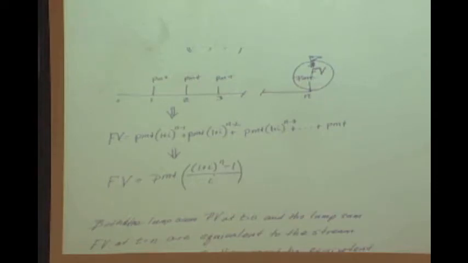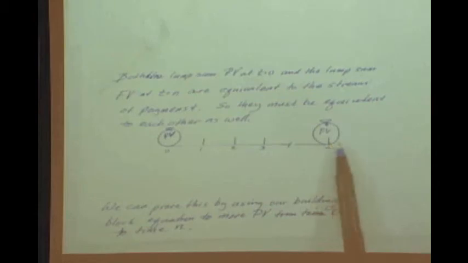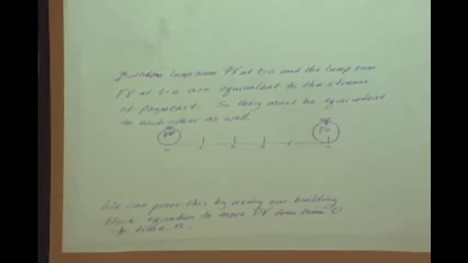Now, it's interesting that both the lump sum at time 0, if we use the present value equation, or the lump sum at time n, if we use the future value equation, both of these lump sums are equivalent to our series of payments, given some number of payments, given some interest rate, and depending on how far apart the payments are spaced.